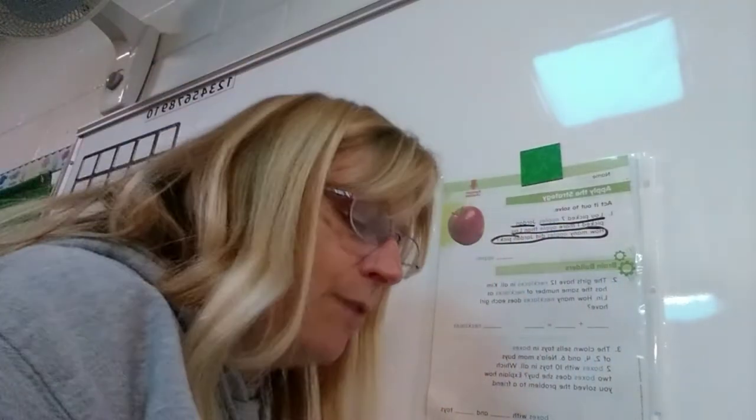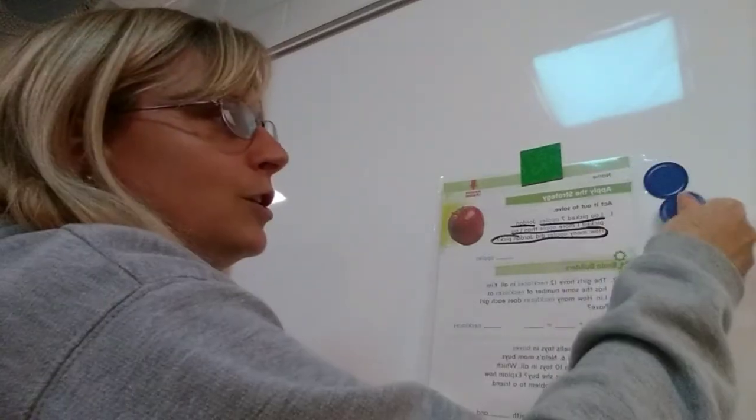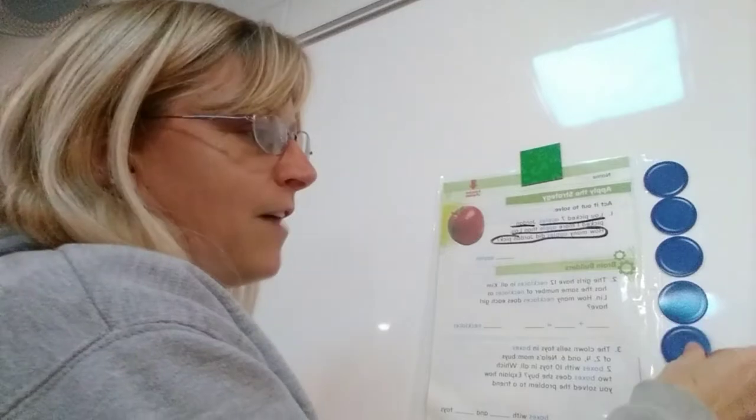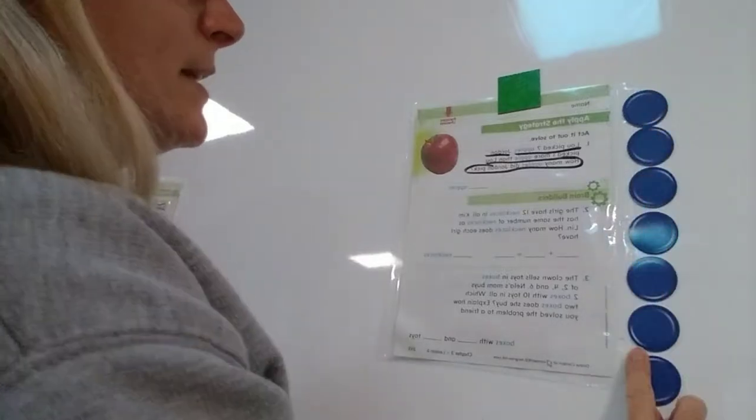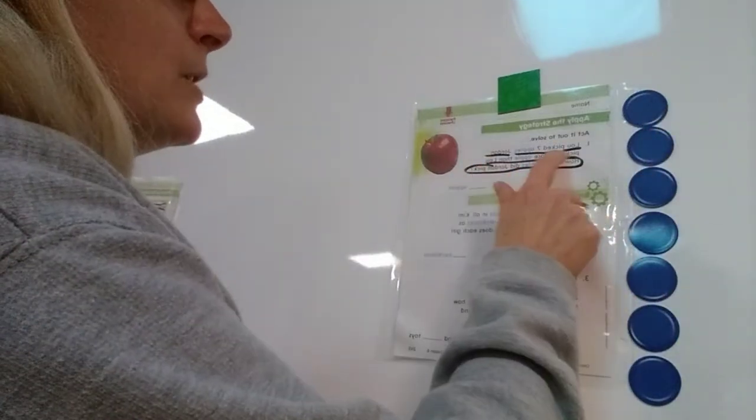So we can use our counters for 7 apples. So we've got 1, 2, 3, 4, 5, 6, 7. Let's see. Can you see them? So we know that Lou picked 7, and we know that Jordan picked 1 more than Lou did.